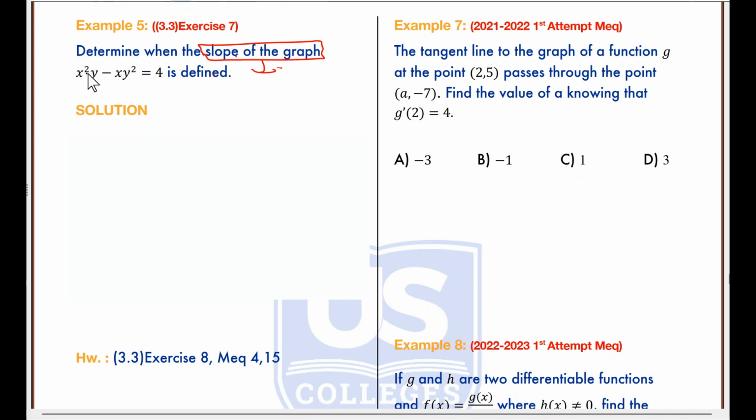Derivative of this product. Derivative of first 2x times second y plus first x squared times derivative of second, which is y prime, minus another product. Derivative of first 1 times second plus derivative of first times derivative of second, y squared derivative is 2y y prime.